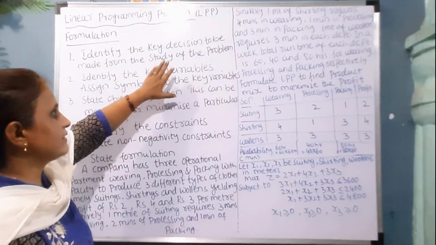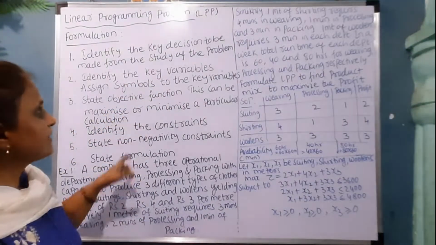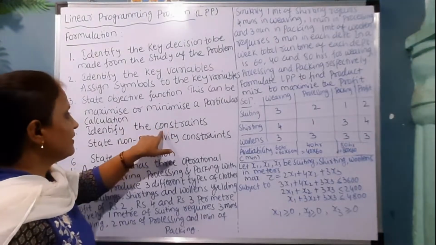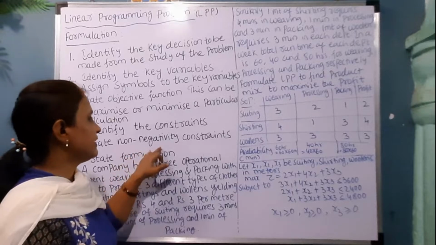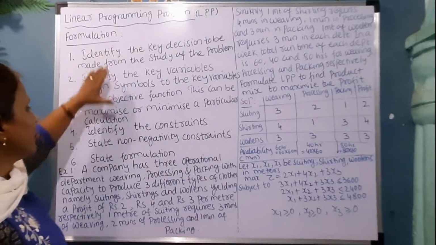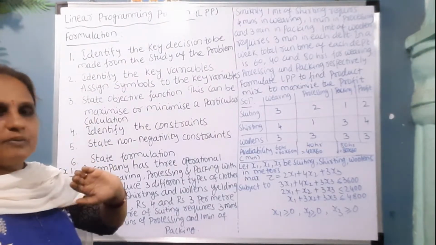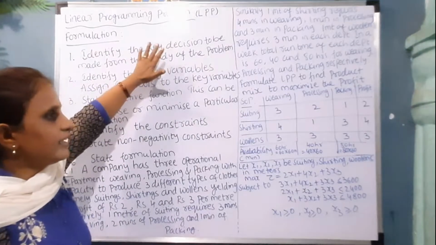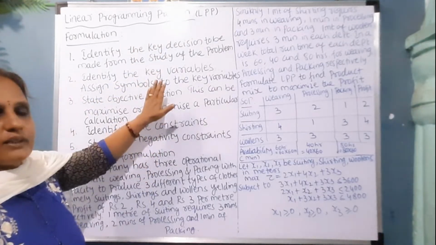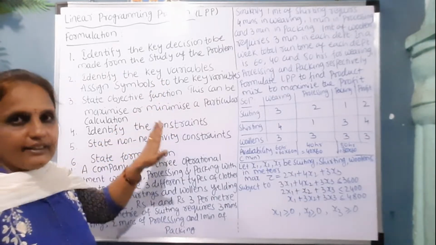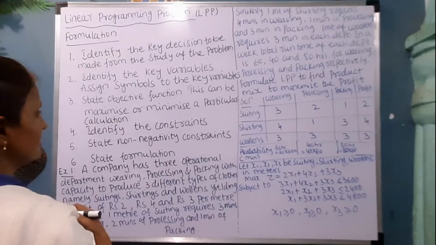When these variables are there, the availability of those decision variables we have to express in the constraints, and then we state non-negativity of those variables. This will complete a linear programming problem. So a linear programming problem contains identifying decision variables and decision, then writing an objective function, writing constraints, writing non-negativity. This can be easily illustrated using an example.